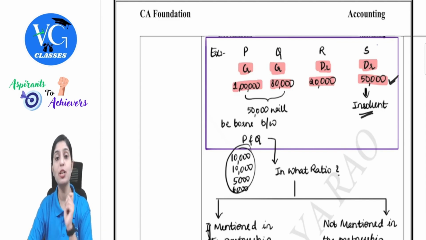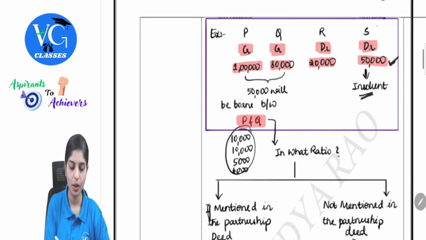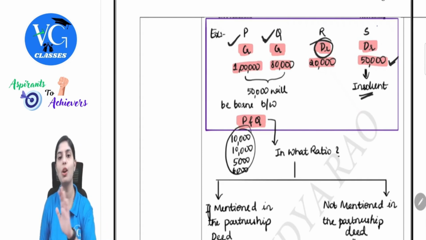This will be borne by solvent partners. Who are solvent partners? Solvent partners are those who have a credit capital balance. So this will be borne only between P and Q. Why? Because P has a credit balance and Q has a credit balance. R has a debit balance, so we will not disturb R in this process.